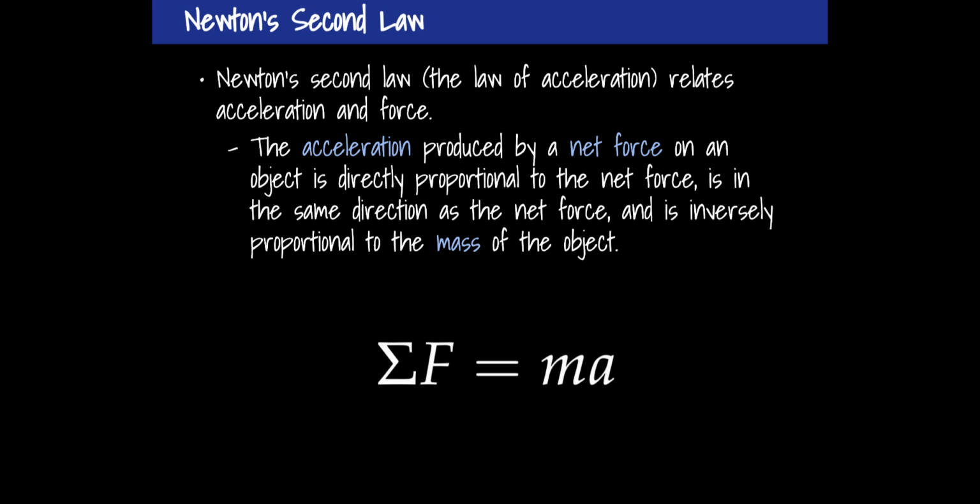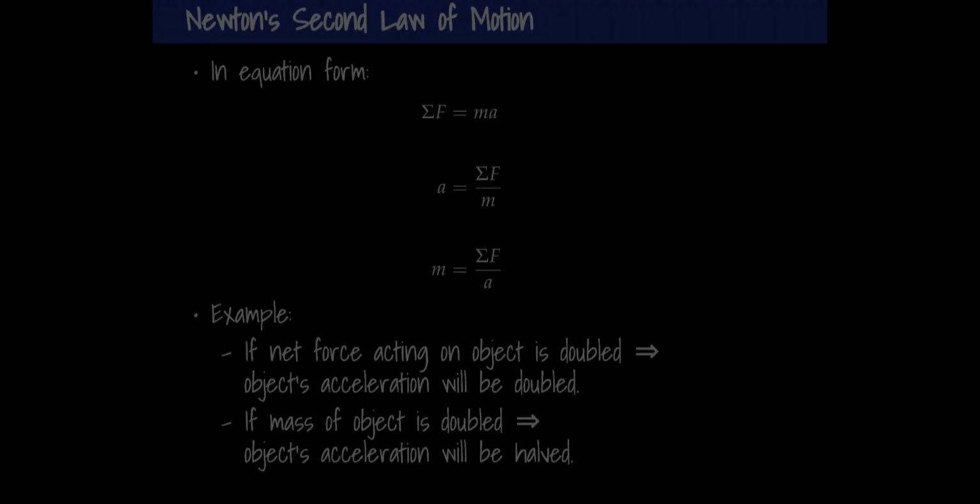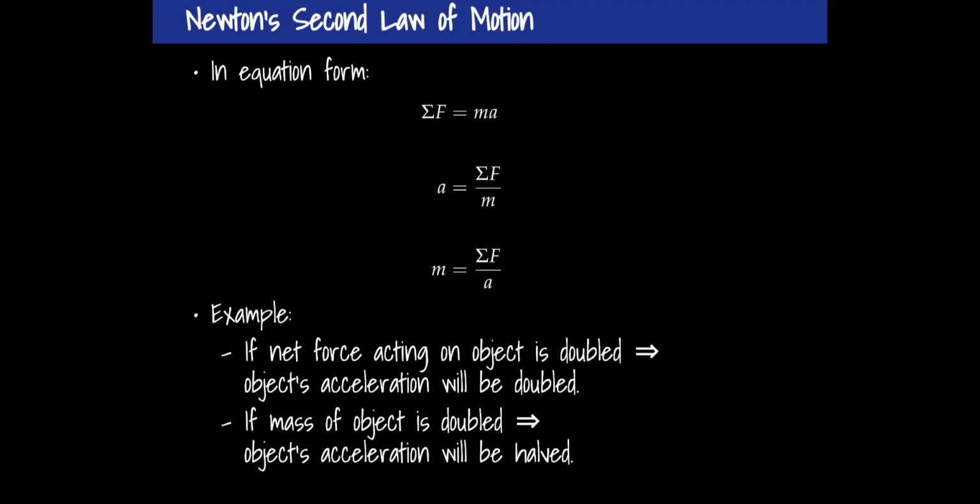Newton's second law gives me a way that if I can understand the forces, I can figure out what the acceleration is. But I could use it in a couple of different ways by doing a little bit of algebra. Sure, sigma F equals ma, but if I divide sigma F by m, algebraically the m then appears in the denominator, and I've found the acceleration.